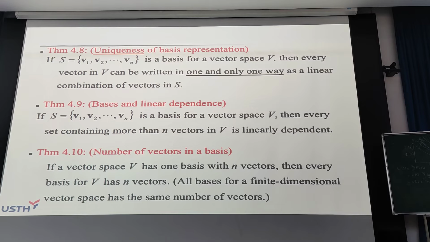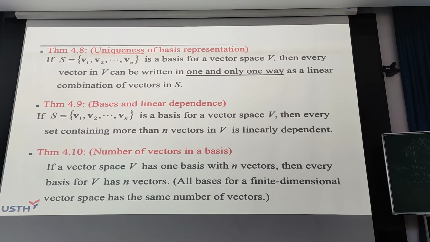So it means that the number of vectors inside a basis is the maximum number of vectors inside a linearly independent set of V. And from that property we can imply that if a vector space V has one basis with n vectors, then any other basis of V must contain exactly n vectors.